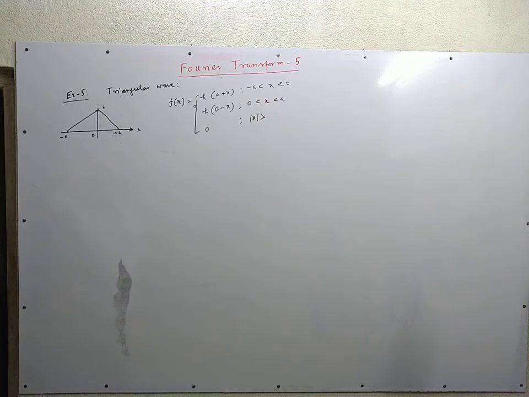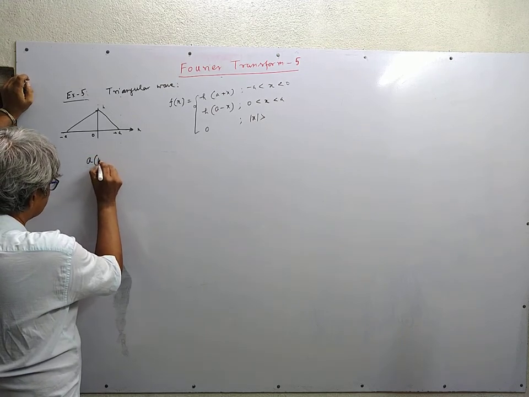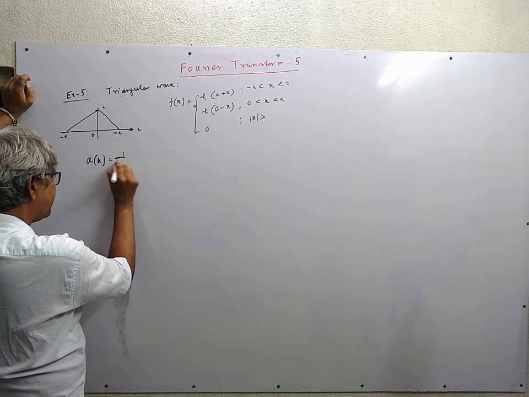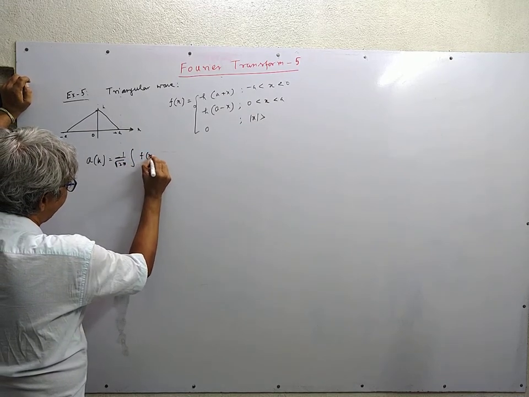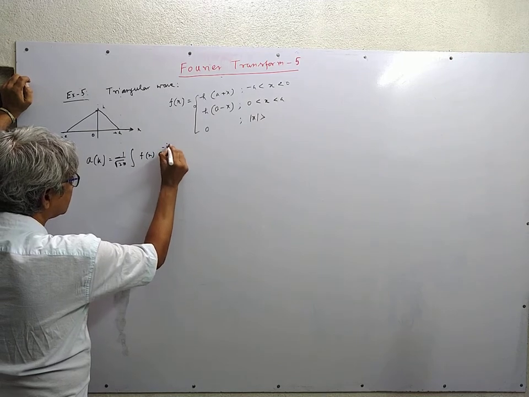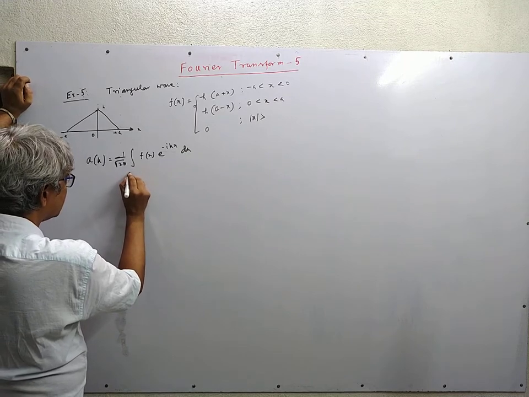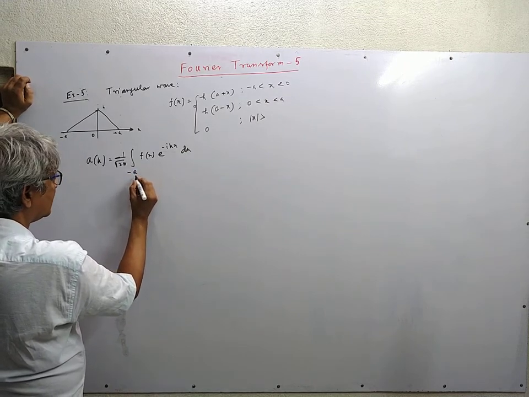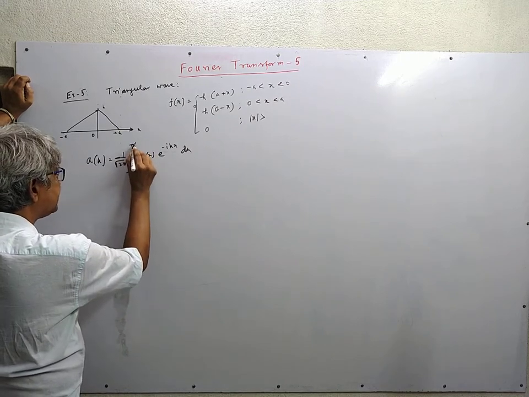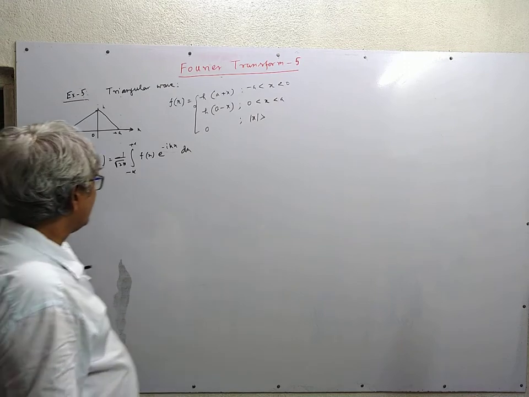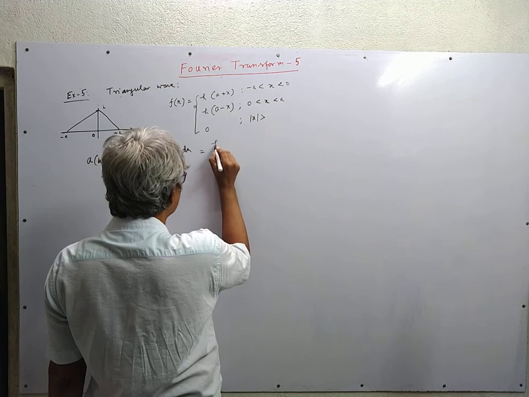If we come to the calculation of A of k, as usual, A of k is defined as this. Actually the definition was from minus infinity to plus infinity, but for the present purpose it has to be written as.